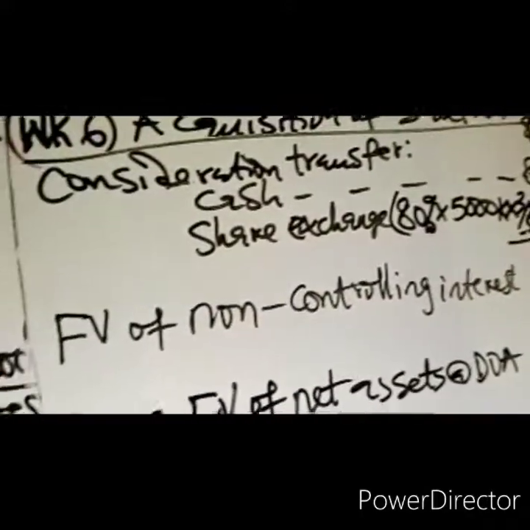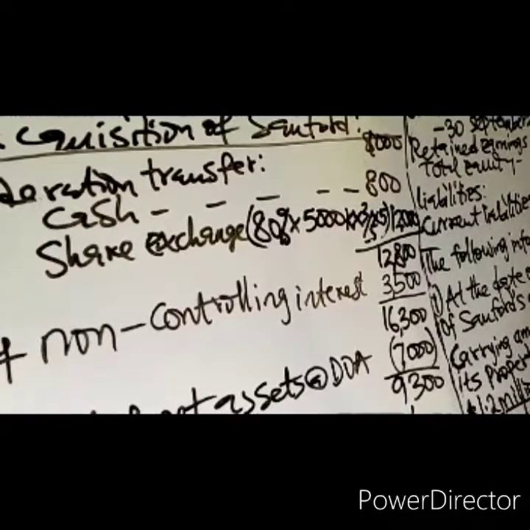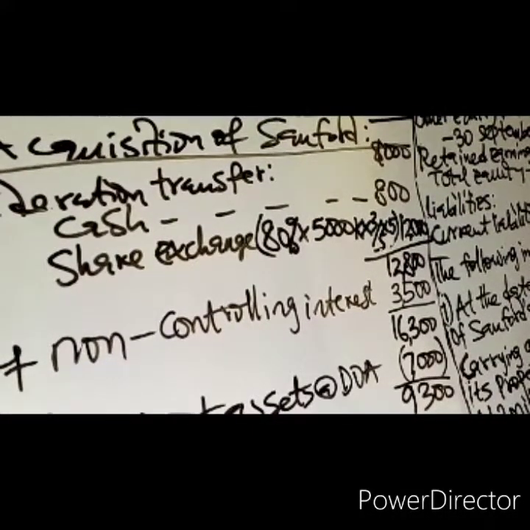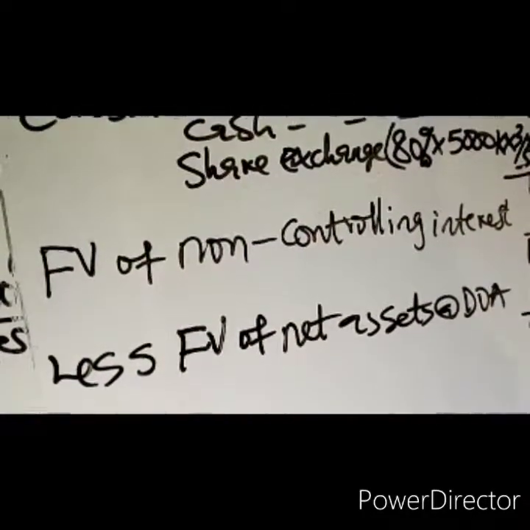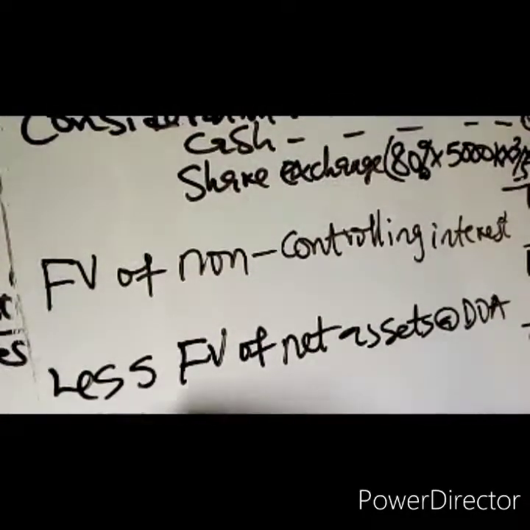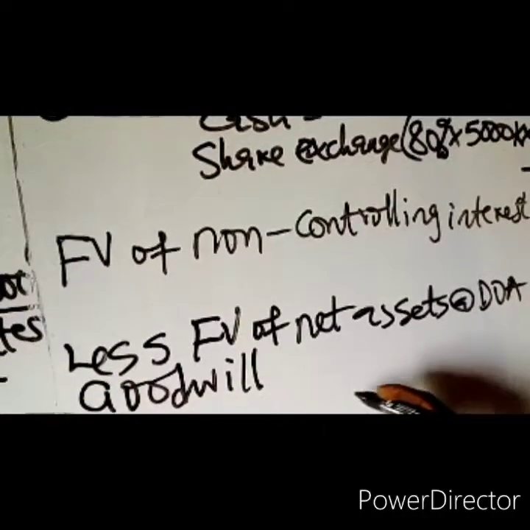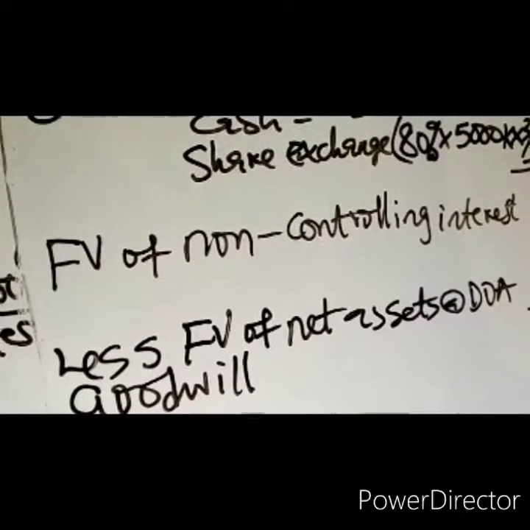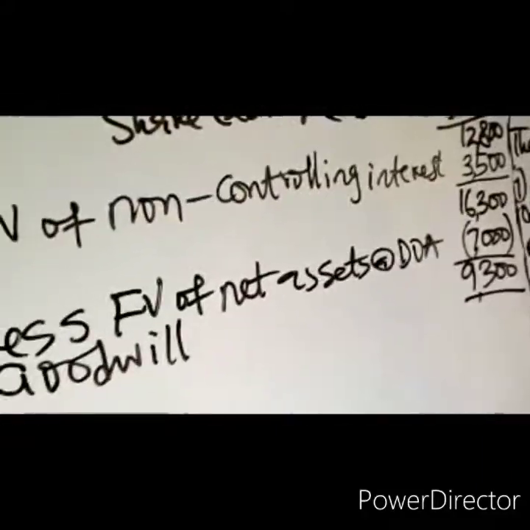In note 6 of the question, you have been told that there has been no impairment of consolidated goodwill. That means this is the amount of goodwill that will appear in the consolidated statement of financial position.